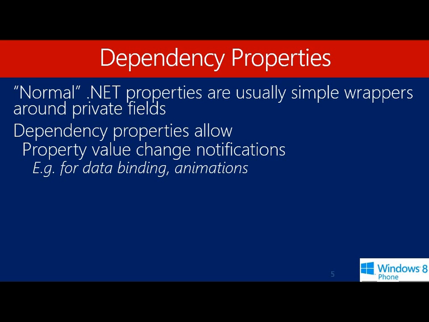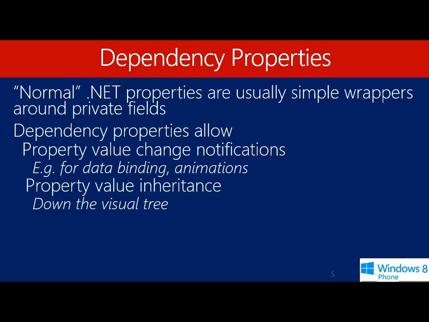And this is exactly what the data binding system does. Animations also are dependent on these properties, which is not so obvious at this time, but perhaps we'll talk about that in some other session. And another thing that some properties have is the idea of visual inheritance.